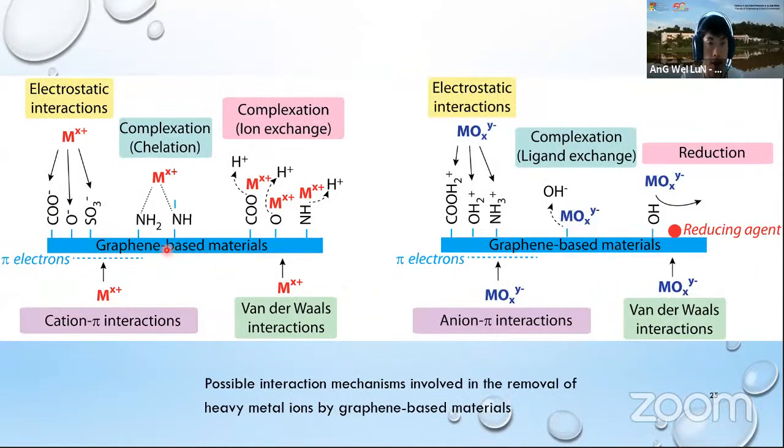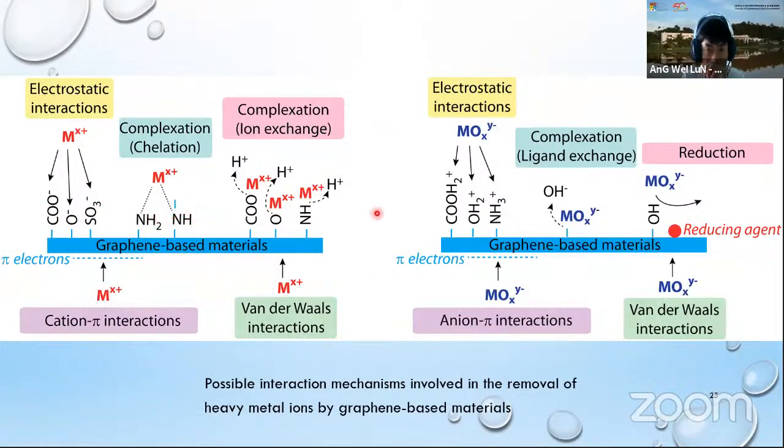So this is another interaction mechanism involved in the removal of heavy metal ions. As I said, those important adsorption mechanisms are electrostatic interaction, complexation, pi-pi interactions, and then the van der Waals. If you notice, your graphene materials have different types of functional groups, such as sulfate and then a nitrogen functional group.